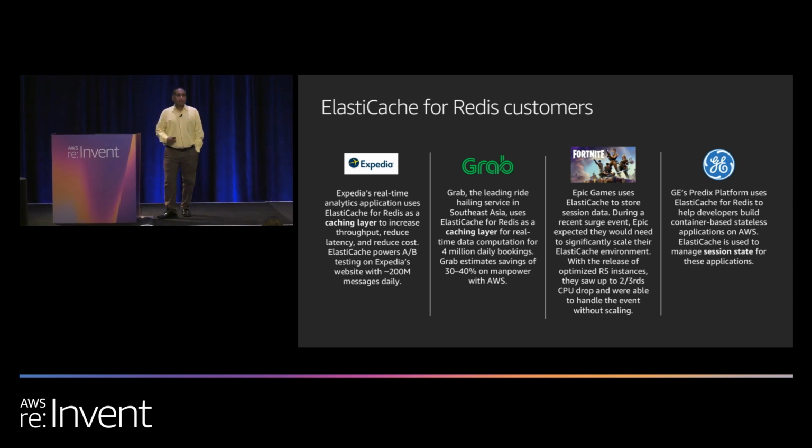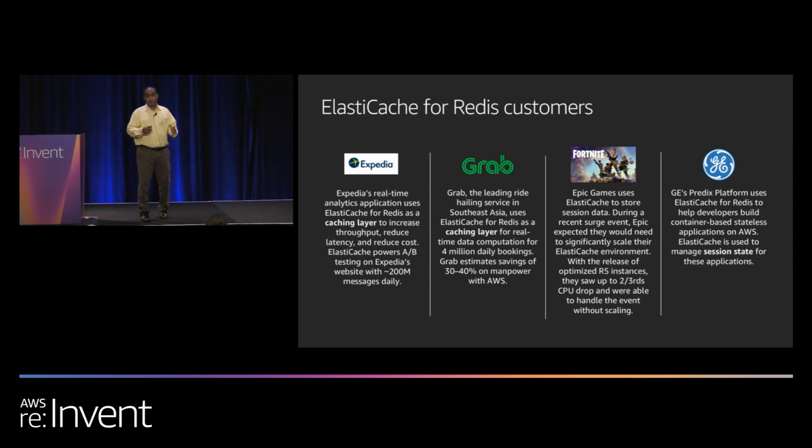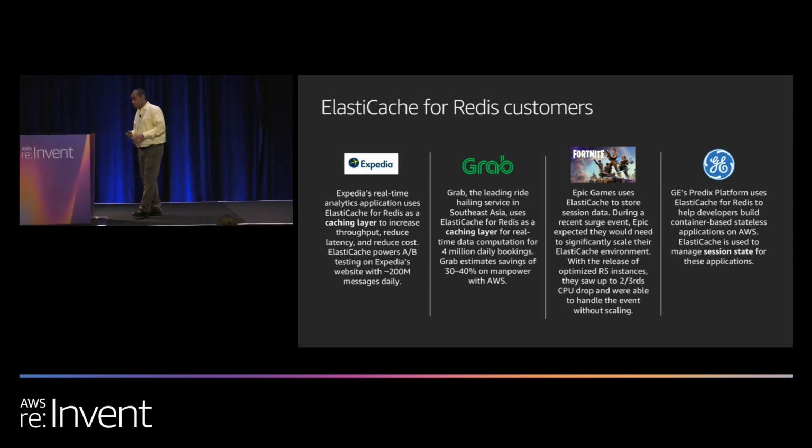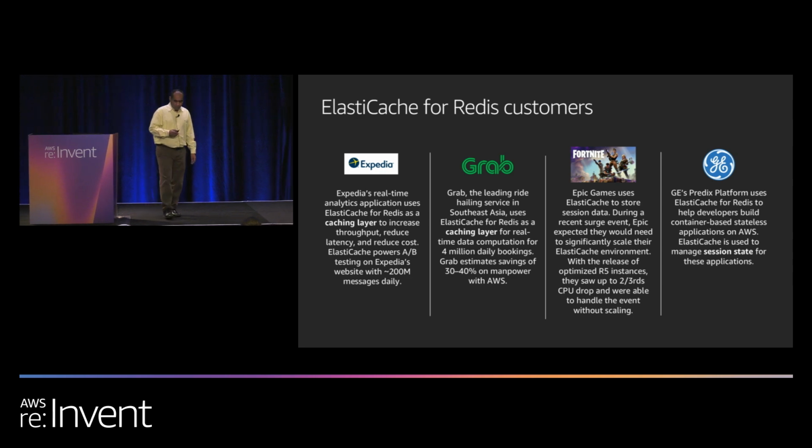They have container workloads, and so they're spinning up new containers all the time, and it's a serverless application. And so the idea is that they still have some session state that needs to flow from container to container, and they use Redis for that. So we have several other customers in all kinds of categories, geospatial, financial applications using ElastiCache as well.